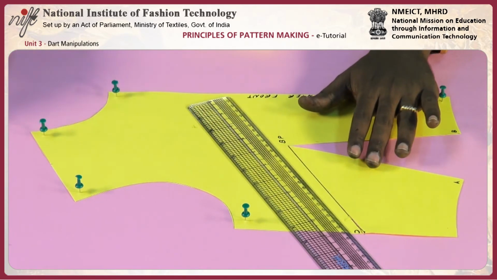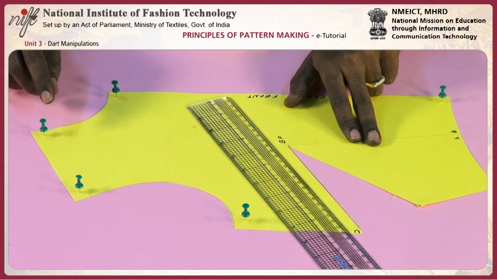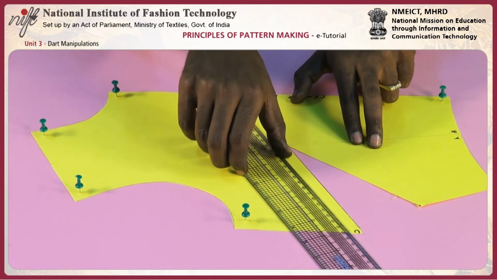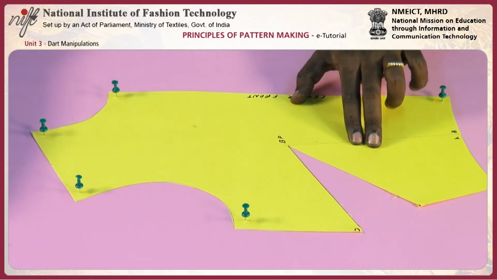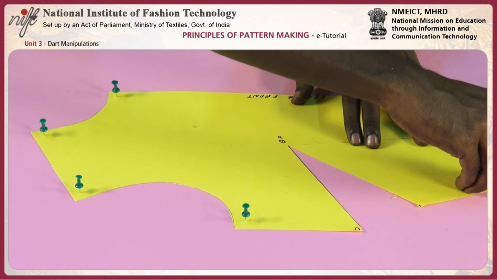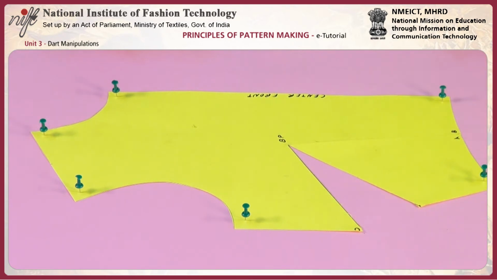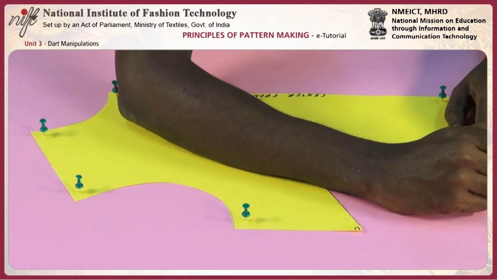Pivot at the bust point and close A to B. Then secure the pattern with pins. Trace the pattern. Mark all corner points.